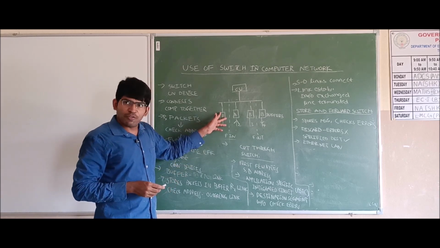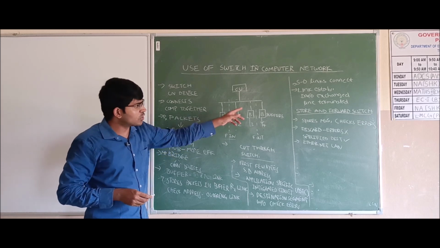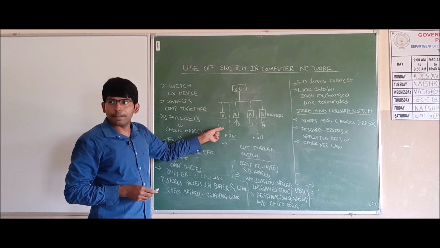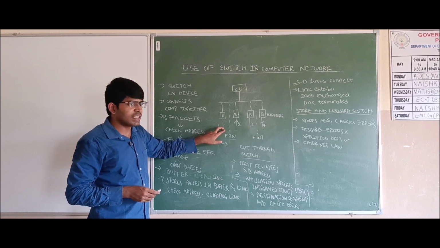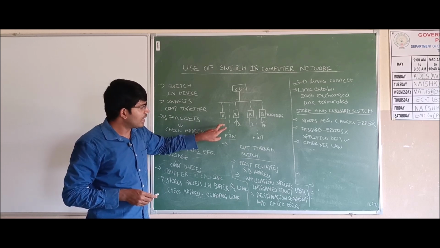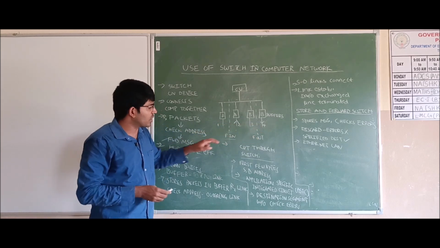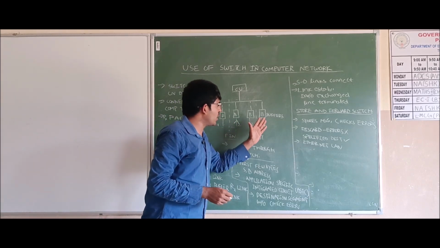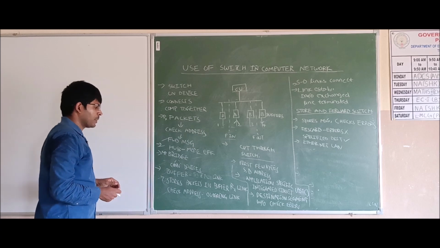Here, whatever the buffer we are using in the store and forward switch, each time whenever we are sending the data, for each one we have a connected receiving link. You can see, one link is connected here. For 1, 2, 3, 4, all these are buffers.